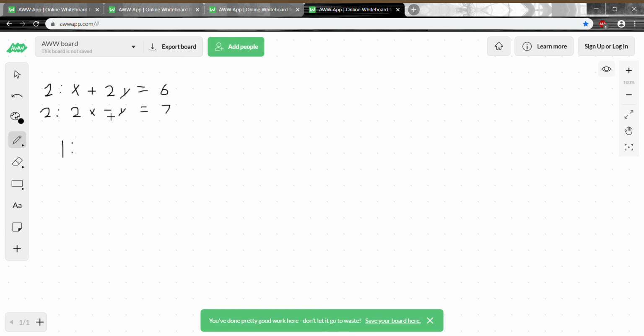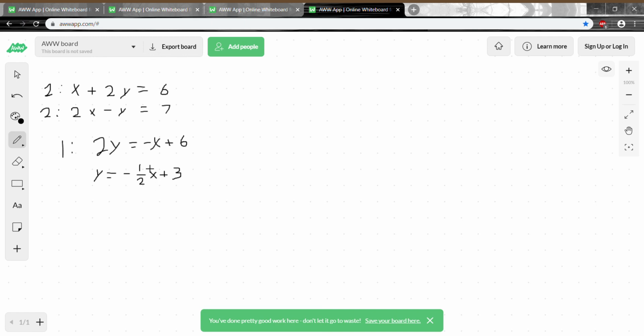We're going to have that 2y is equal to negative x plus 6. Now we're going to divide both sides by 2, giving us that y is equal to negative 1/2 x plus 3.